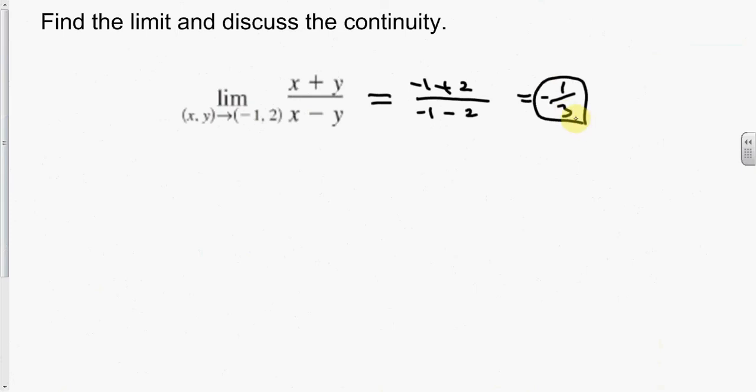What about the continuity here? Can you explain the continuity for this function? Right, so it's continuous everywhere except when x equal to y, right?